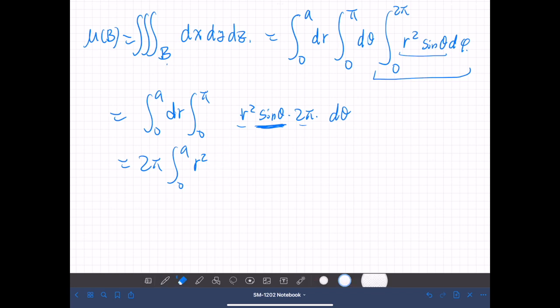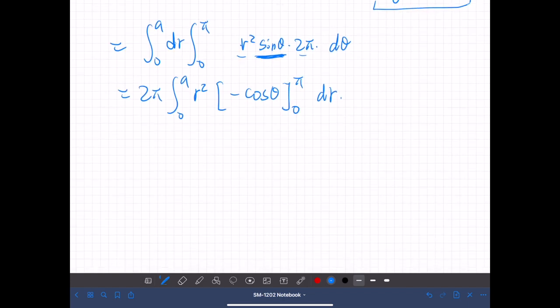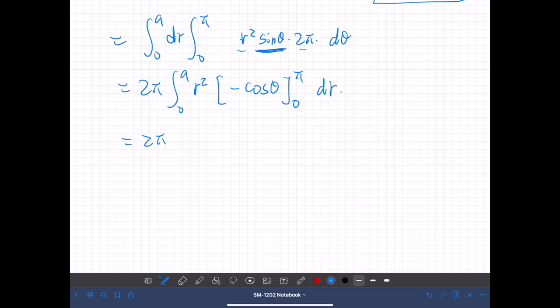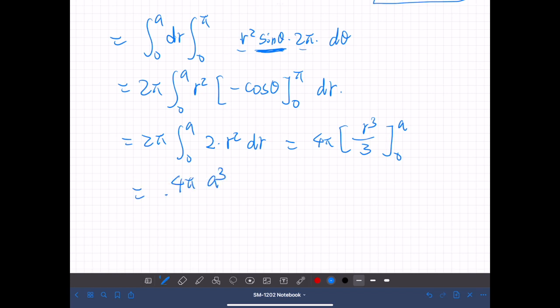The result of integration is negative cosine theta from 0 to pi, which gives negative 1 minus 1, so that would be 2 r squared dr. So that will be 4 pi times r cubed over 3 from 0 to a, and that is 4 pi a cubed over 3. So that is the volume of the sphere as we know it.